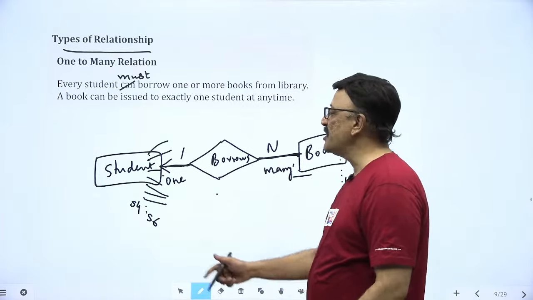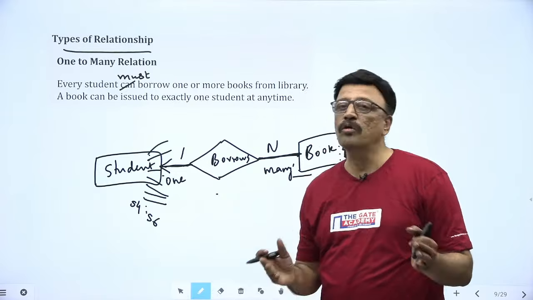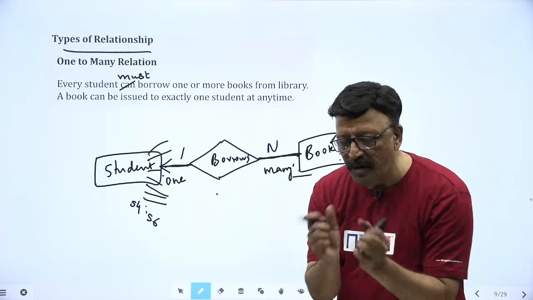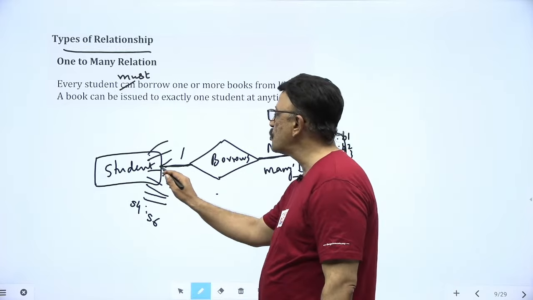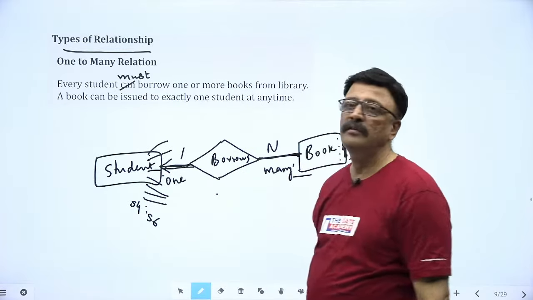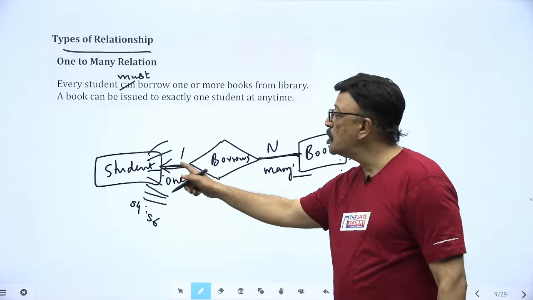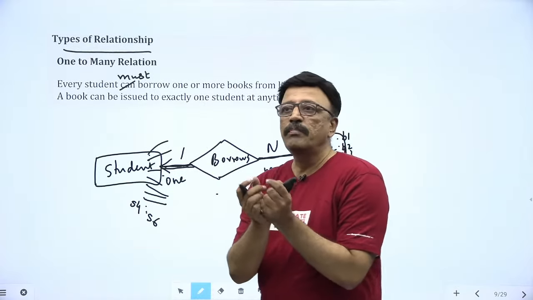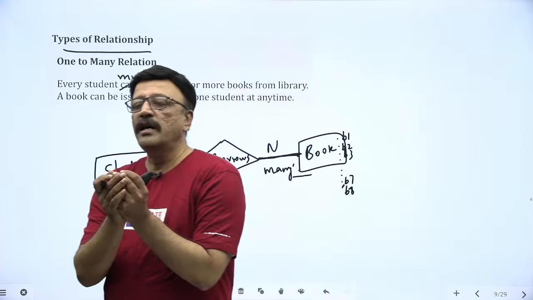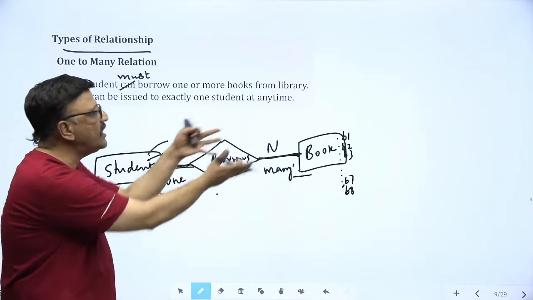That means now there cannot be a student in our institute who doesn't go to the library and borrow a book. Every time the student must have a book which belongs to the library. That means all the students are participating. Definitely participating. Then this is total participation. Whenever you see a double line, it means that if there are, say, 1,000 students, then all 1,000 students are definitely borrowing a book.